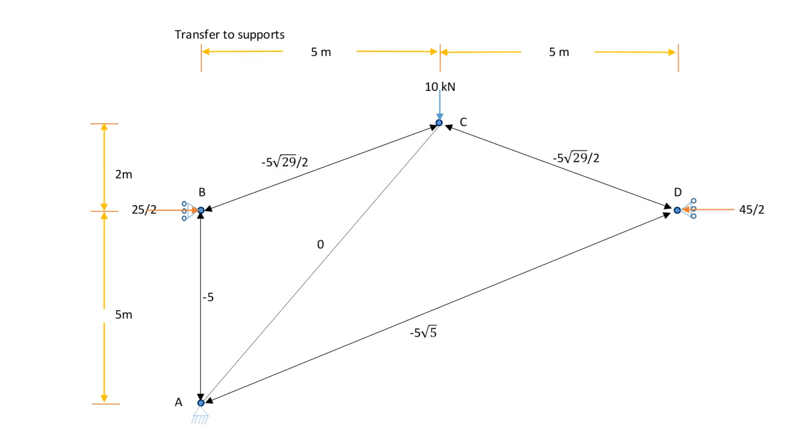The first step in the method of Stroops is the transfer of forces to the supports. That is the transfer of the externally applied forces to the supports.